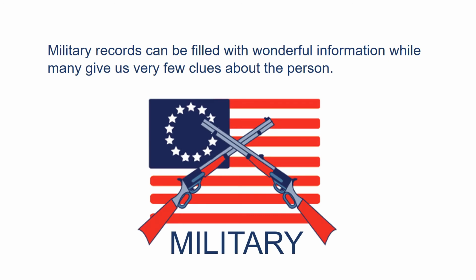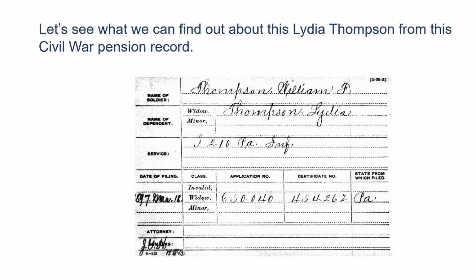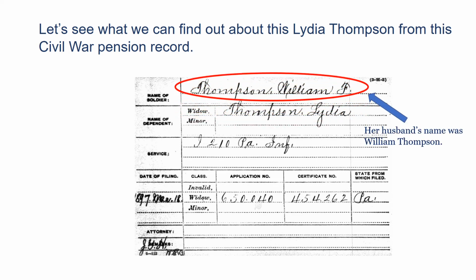Military records can be filled with wonderful information, while many give us very few clues about the person. Let's see what we can find out about this Lydia Thompson from the Civil War pension record. Her husband's name was William Thompson. She is listed as a widow.